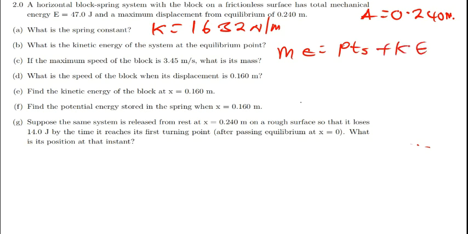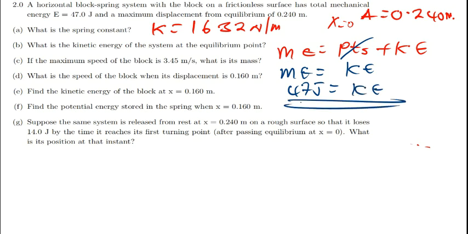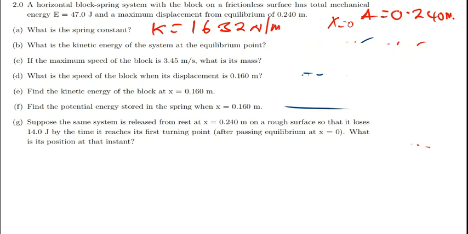Now we know that at equilibrium position, x is equal to 0, so we don't expect to have elastic potential energy. Therefore the mechanical energy will be equal to the kinetic energy. The mechanical energy we have been given already, that is 47 joules. So at equilibrium position, the kinetic energy is 47 joules. As simple as that. So that is it for part B.